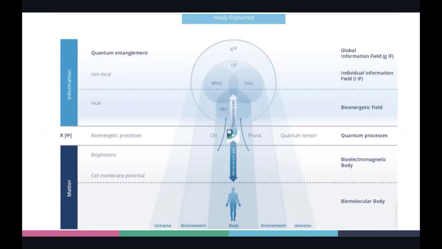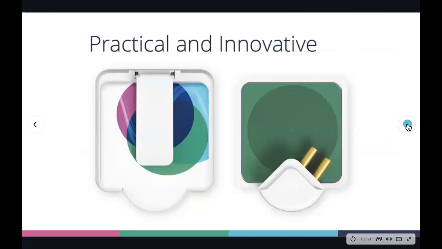So it's a nice tool in aiding us in that way. It's also looking at things holistically, and it's working with a different level of information, the wave, in terms of providing and aligning our bioenergetic field.